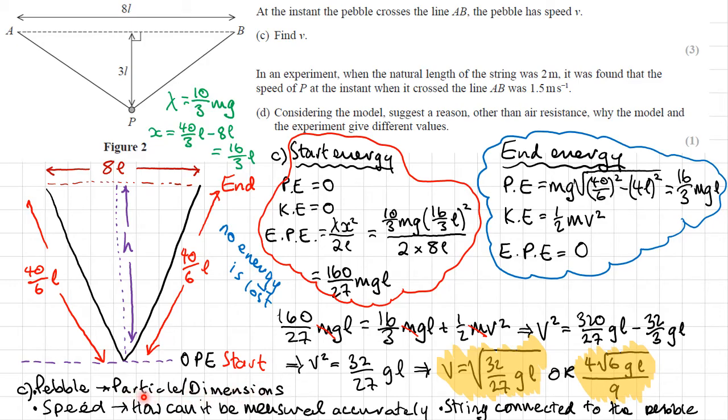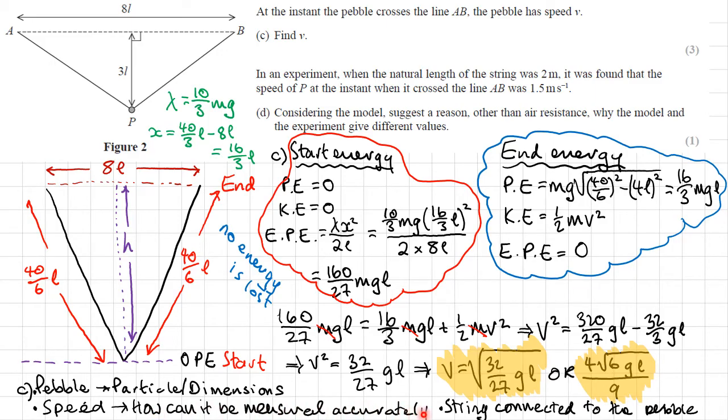Those types of things might give us different values. The speed was measured as the pebble passed this line AB. How was that done? How was it measured? How can you measure that really accurately? I don't know. Are there machines that do that type of thing? Were they just using a tape measure and a stopwatch to try and measure it? So that would need to be considered.